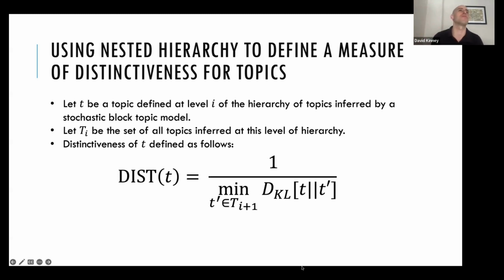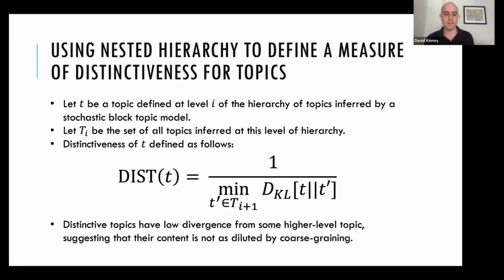Well, it turns out that that happens, and then we just want to say that distinctiveness there is maximal. That's where this fraction would be undefined. We could call that positive infinity and say that's a maximally distinctive topic, because the exact same topic appears at a lower level in this nested hierarchy, and then again at a higher level of this nested hierarchy.